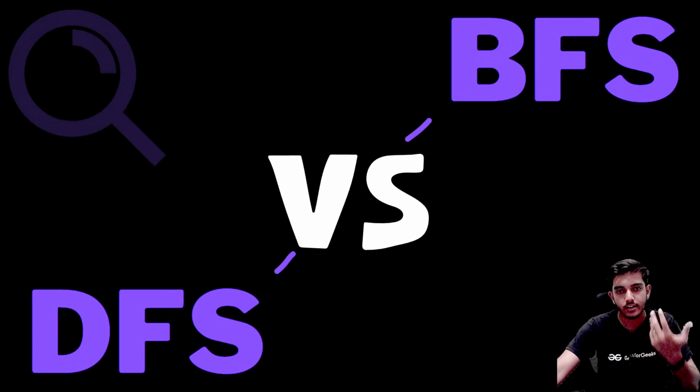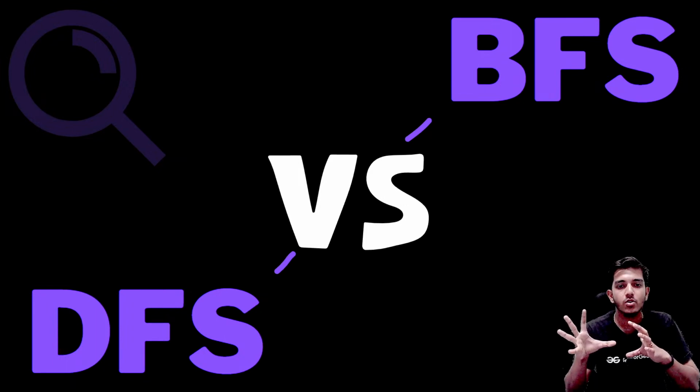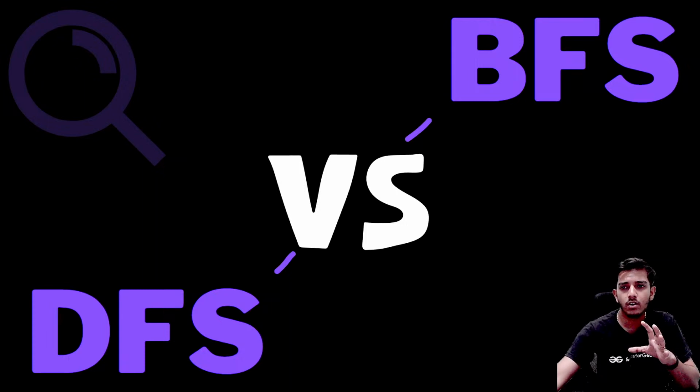BFS guarantees the shortest path in terms of edges, while DFS is often more space efficient and can be used to find solutions or traverse through infinite or very large trees. It is important to note that this is not only for binary search trees. You can use it for any tree with any number of nodes.